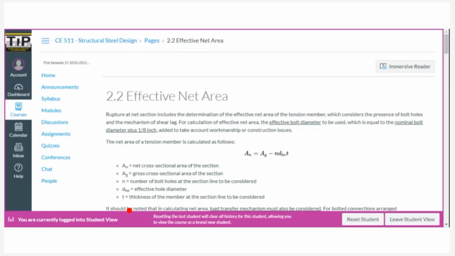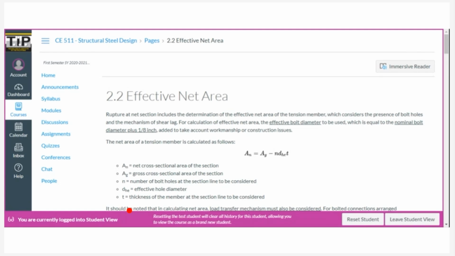For bolt installations, the size of the hole must be the bolt diameter plus 1/16 inch. However, due to some construction issues or workmanship, the hole may be a bit oversized.